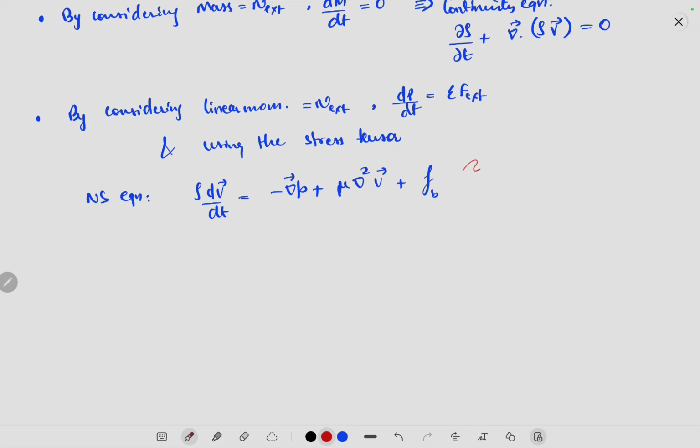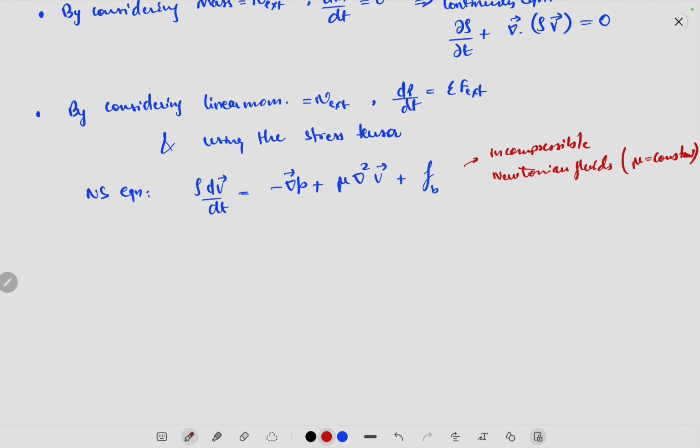And we said that this is for incompressible and Newtonian fluids, that is, for the ones which have constant viscosity.